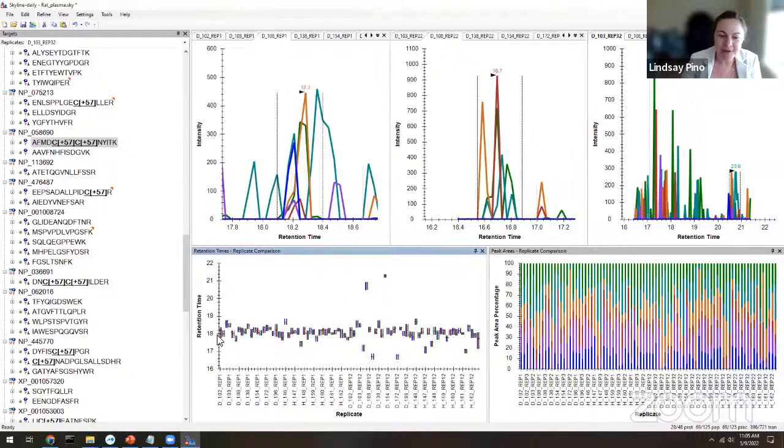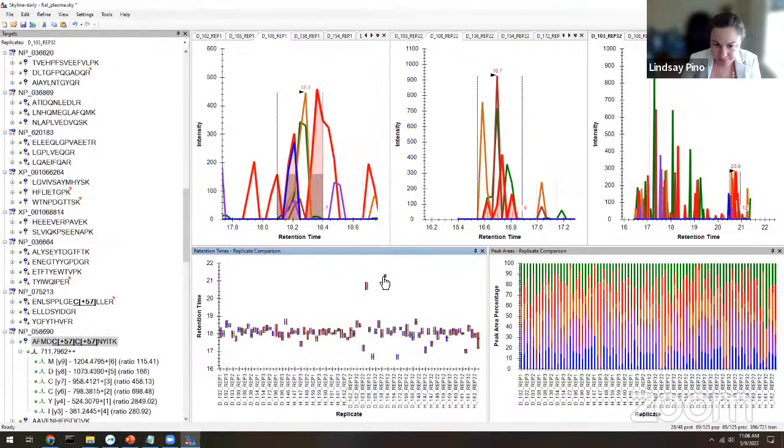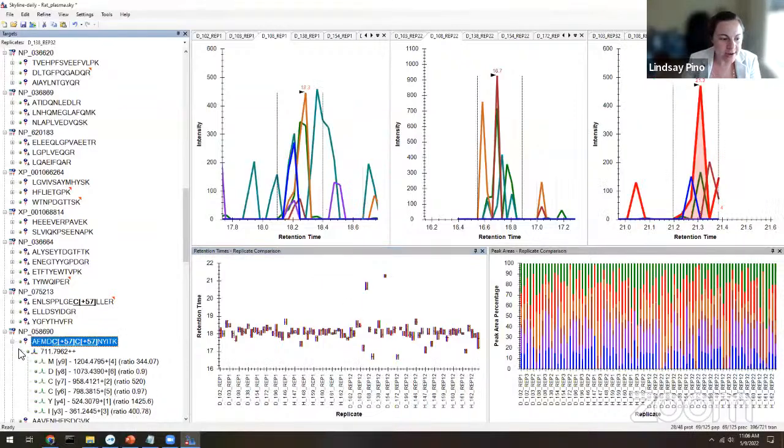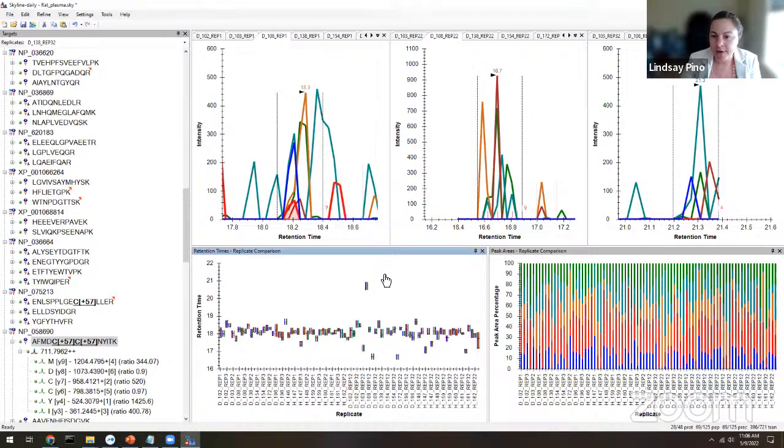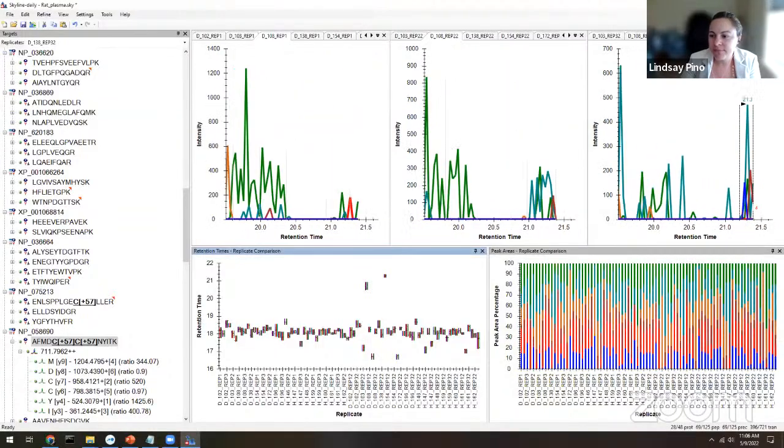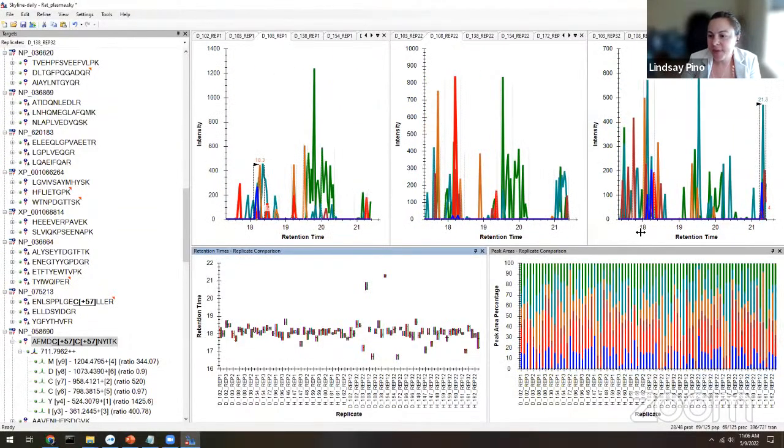But if I want to assume that this peptide should be around 18 minutes, what I want to do is integrate the area at 18 minutes. So these examples of outliers up at 21-ish minutes, those I would click. I would click that peptide. I would find where the window is, and I would zoom to the 18 minutes, and then underneath the x-axis, I would click and drag where that 18-minute is.